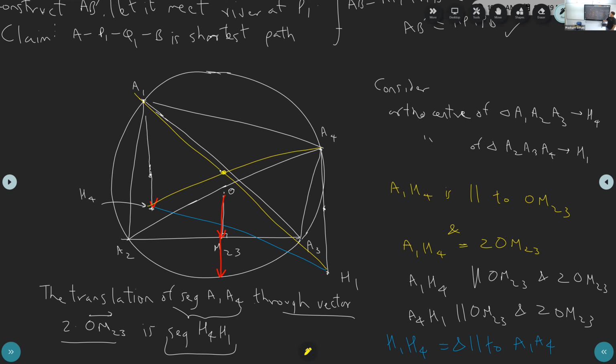But there is nothing special in the numbers 1 and 4. I could choose the numbers 1 and 3, 1 and 2. Any pair of numbers, I'll get that those segments have the same midpoint. So what does that mean? That all four segments have the same midpoint. So A1, H1, A2, H2, A3, H3, and A4, H4, all four of them will have the same midpoint.